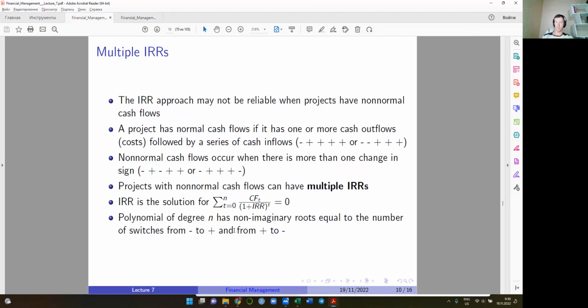What do we also know from school? We know that the maximum number of non-imaginary roots for a polynomial of degree n equals the number of switches from plus to minus or from minus to plus.